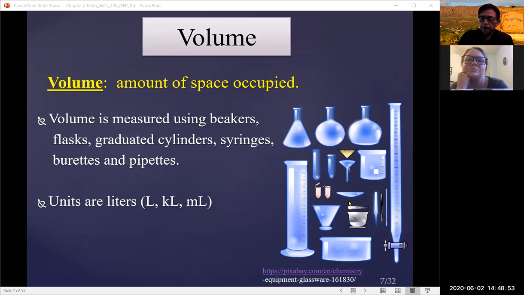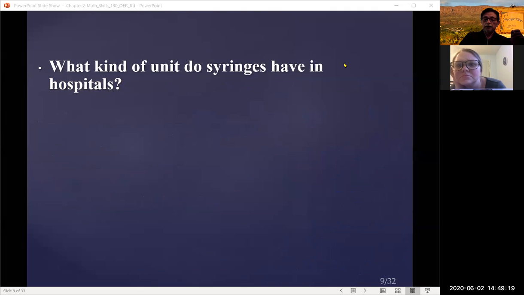Now, with respect to volume, the units that we utilize are given down here. Capital L for liters, k is again kiloliters, m is for milliliters. And there are diagrams on the far right to give you an example of what we use to measure volume. Now, you may be familiar with this. I'm sure there are some nursing students out there. What kind of units do most syringes have? CCs.